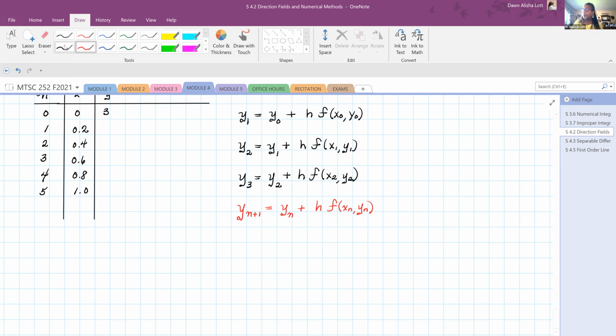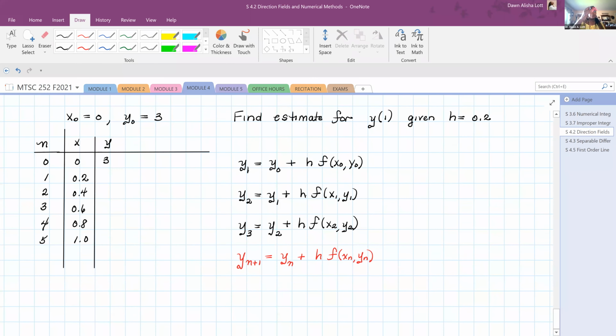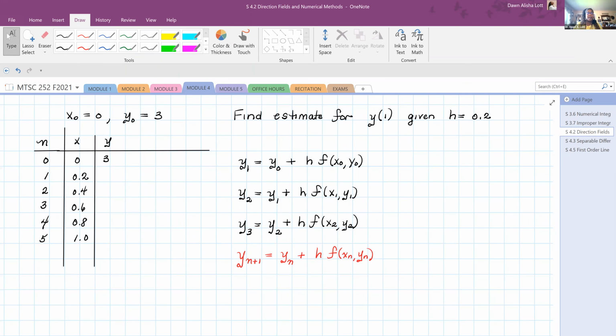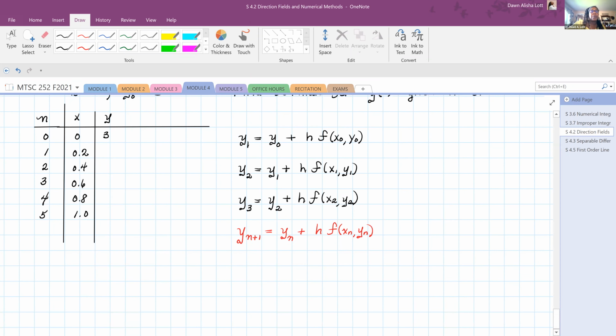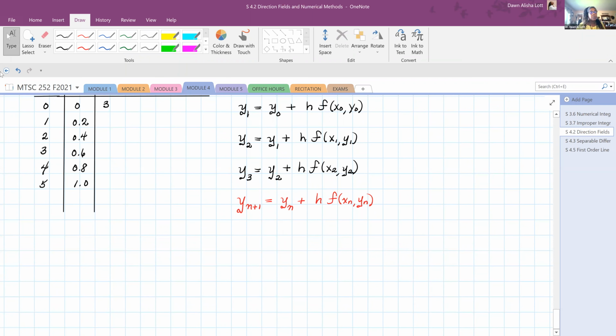Okay, so for this problem, this is what we started with. Okay, so we start with x0. I'm going to use all capitals because it's only going to let me use capitals. So x0 is equal to 0, y0 is equal to 3.